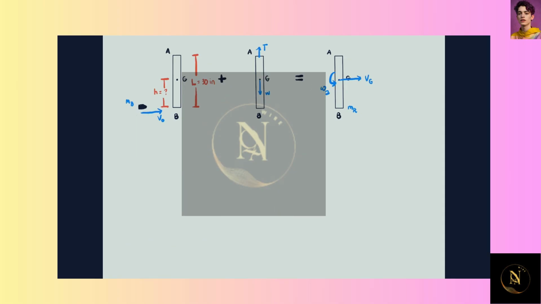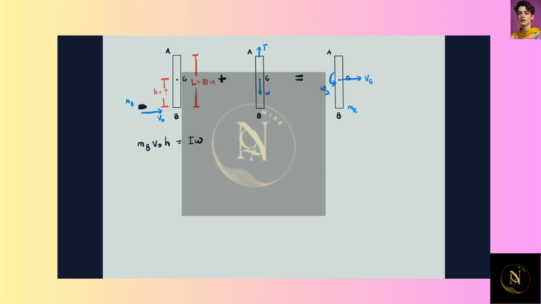Now, let's write an equation for the moments about point G, taking the counterclockwise direction as the positive direction. Doing that, we'll have mb v sub o times h equals I omega.